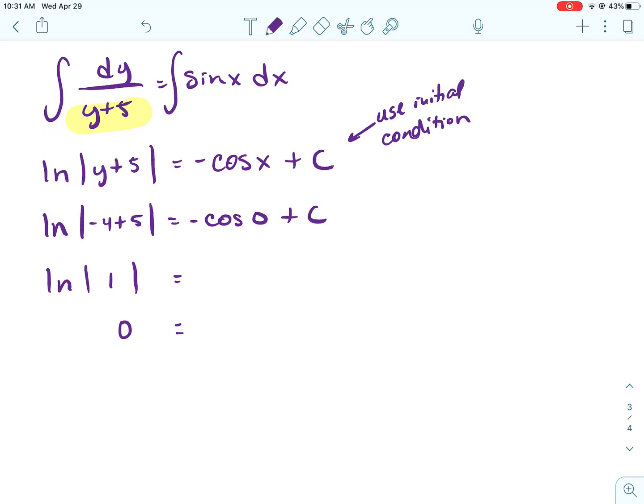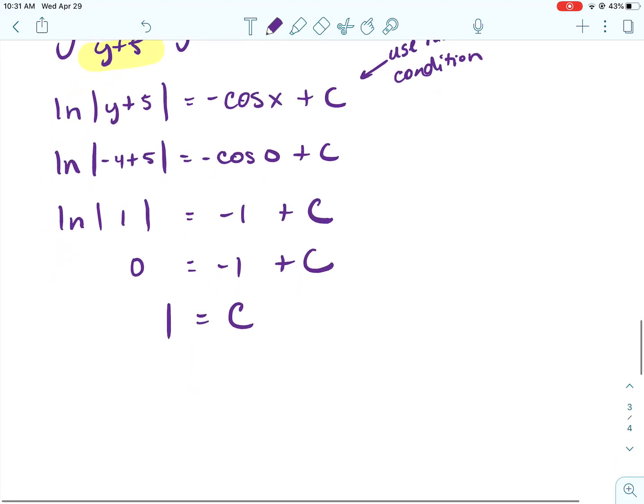Now the reason why this one worked out easier is because we get the natural log of 1, and the natural log of 1 is 0, because you're trying to figure out e to what power gets you 1, and that power is 0. And if you guys are using a graphing calculator, hopefully you've downloaded one on your phone or on your computer or something, then you can type that in if you forget.